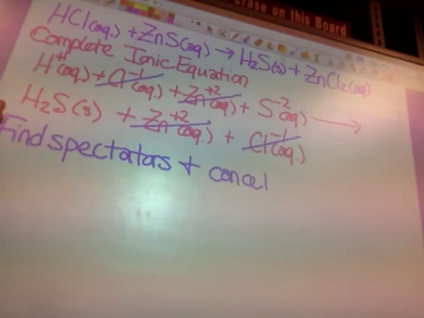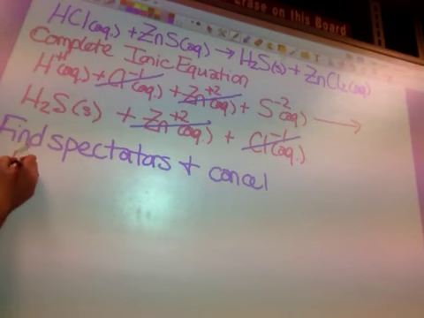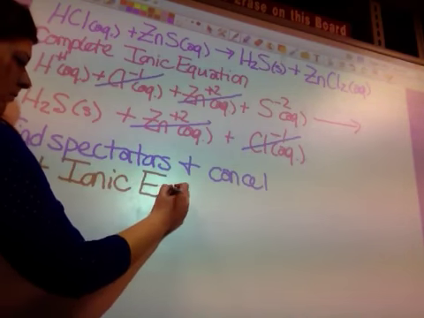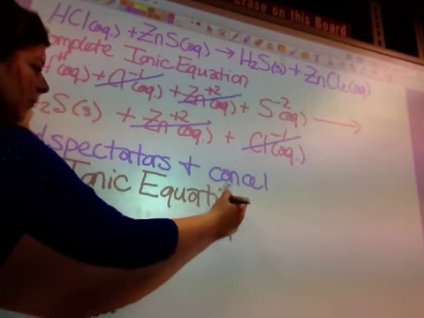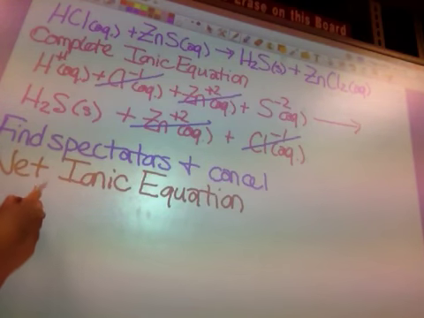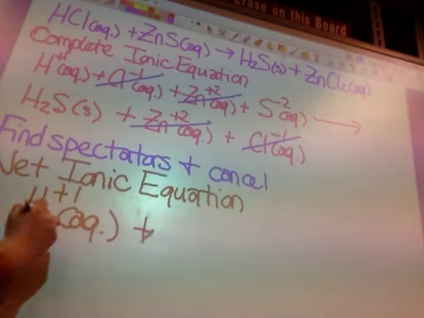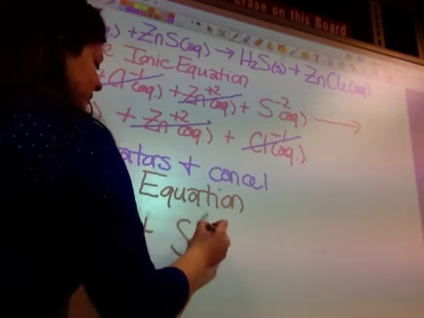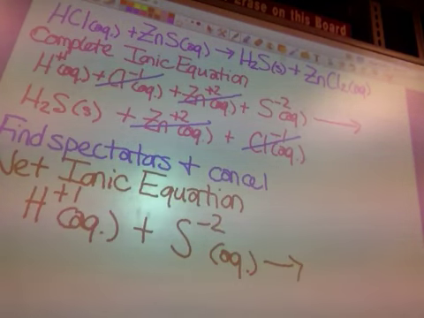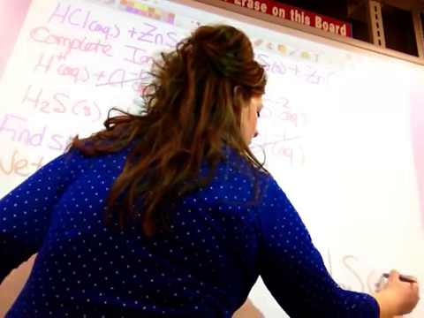So then lastly, we will write our net ionic equation. And our net ionic equation in this case would be H with a +1 charge, aqueous, plus sulfur with a -2 charge, aqueous, yields H2S, and that's a solid.